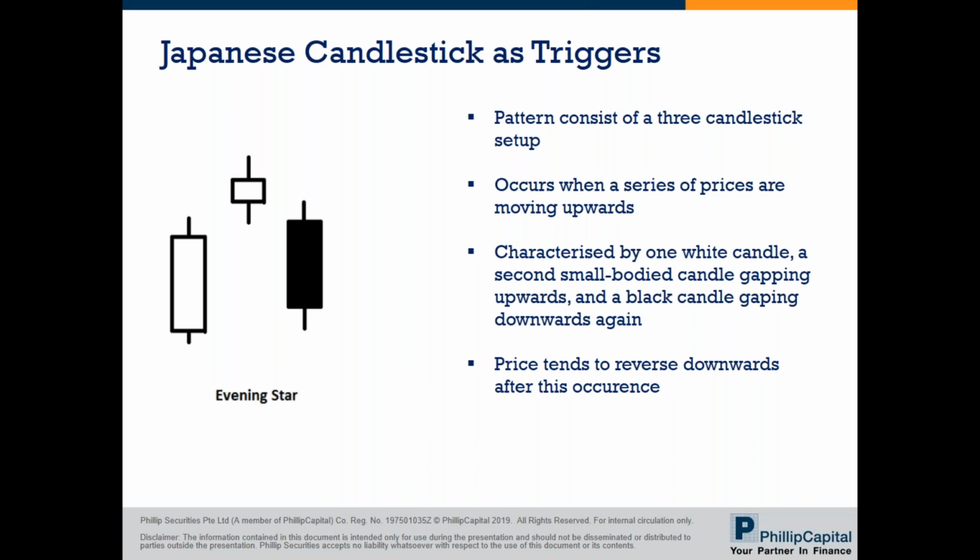So when you see this pattern, do remember that these are the prerequisites that you find in the star. The same pattern without the gap is not classified as a star. Right? It has to have a gap to be classified as one.